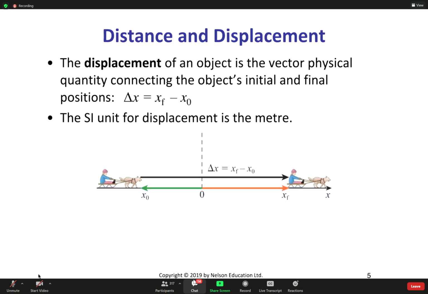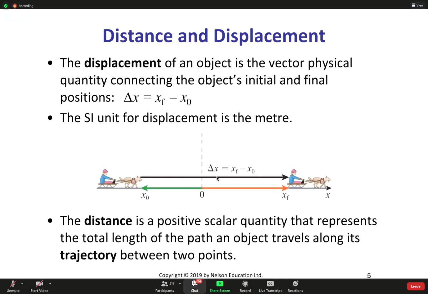So what I want to talk about now is the difference between distance and displacement. Displacement is where you have some sort of final location, some sort of initial location, and you subtract the two quantities. That difference we call the displacement. The distance is a related quantity, but there's a very big difference.